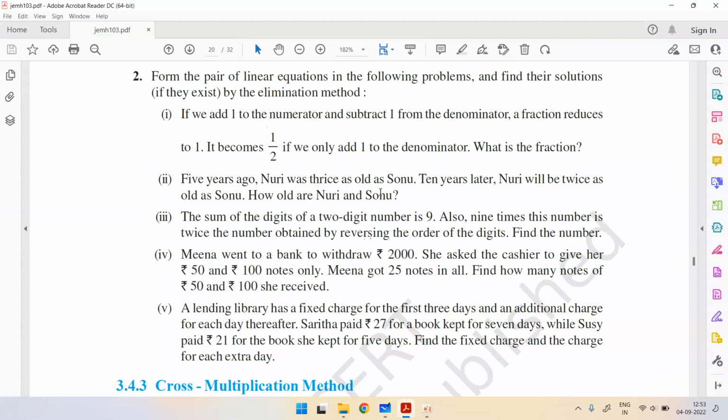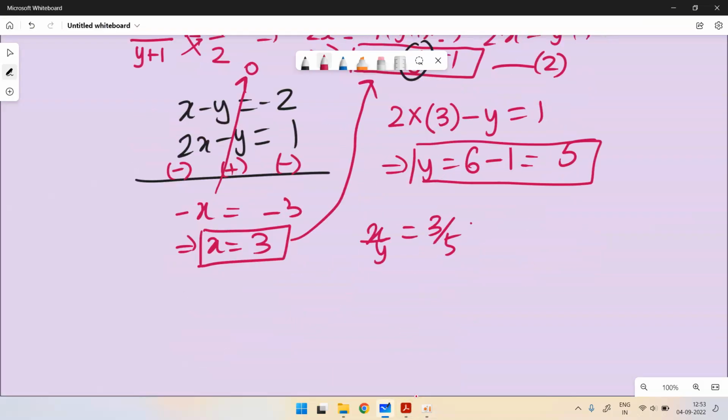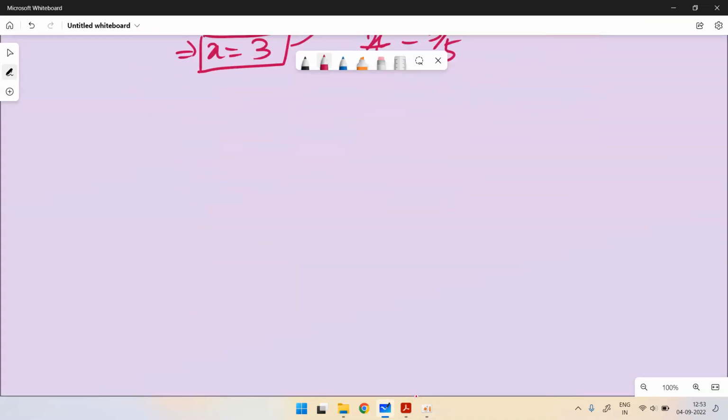Next is the second part of the question. 5 years ago, Noori was thrice as old as Sonu. 10 years later, Noori will be twice as old as Sonu. How old are Noori and Sonu?